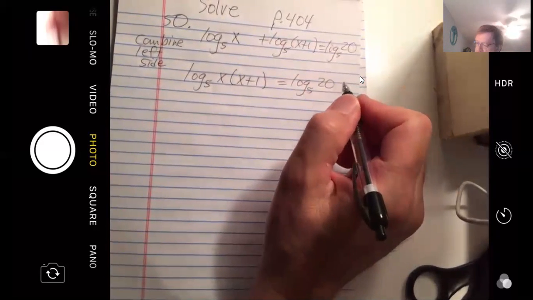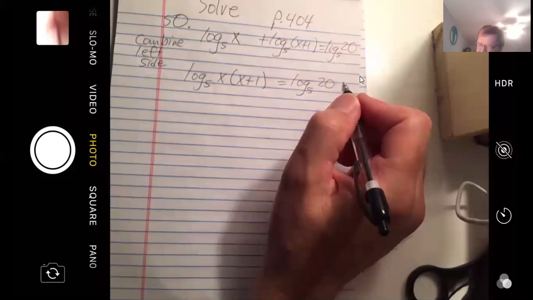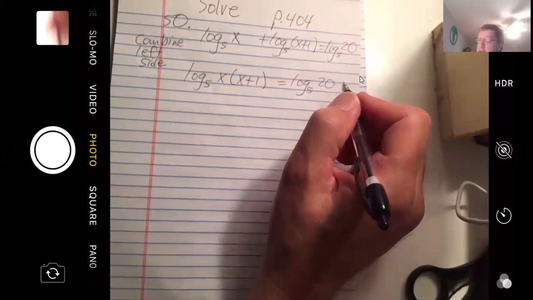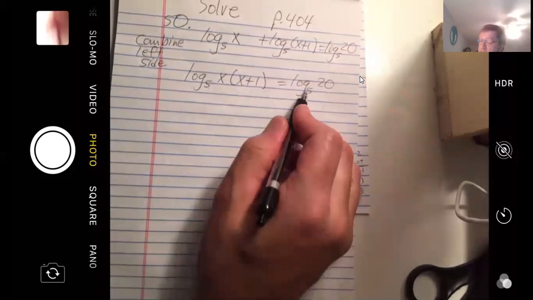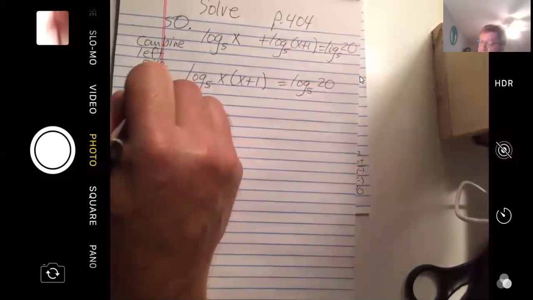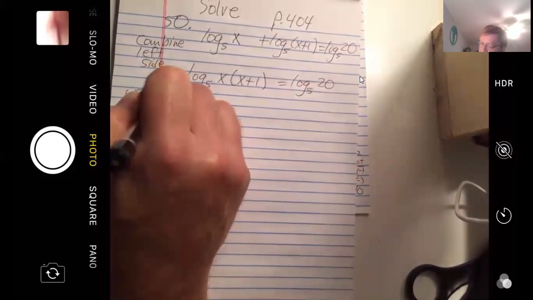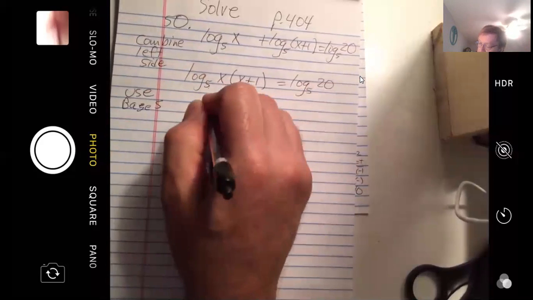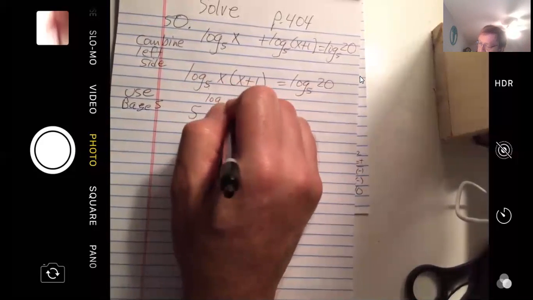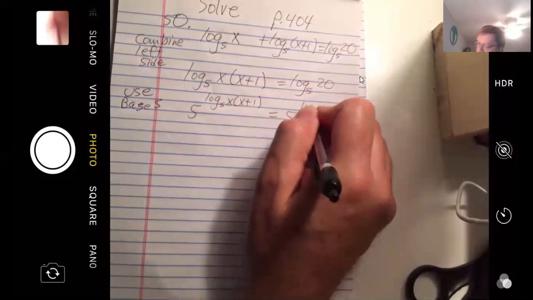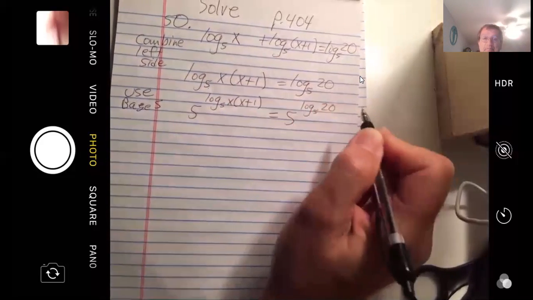And log equations are different. There's not one single thing you can use like on exponentials, where you can use ln. But here you really do have to read the base and use whatever base it is, in this case, base 5.